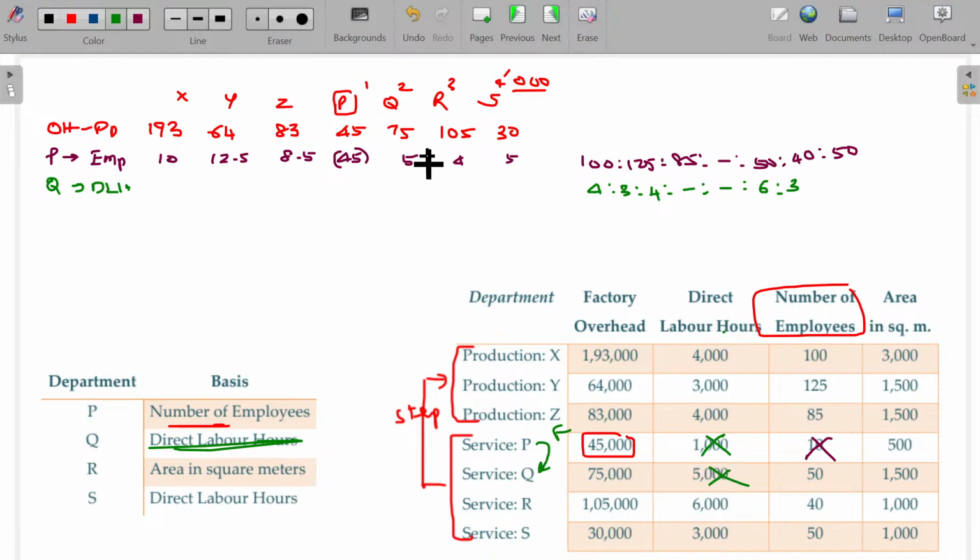This value for Q is how much? 80. 80 is subtracted and added to the other departments: 16, 12, 16, 16, 12 and 16. Dash here, then 24 and 12.